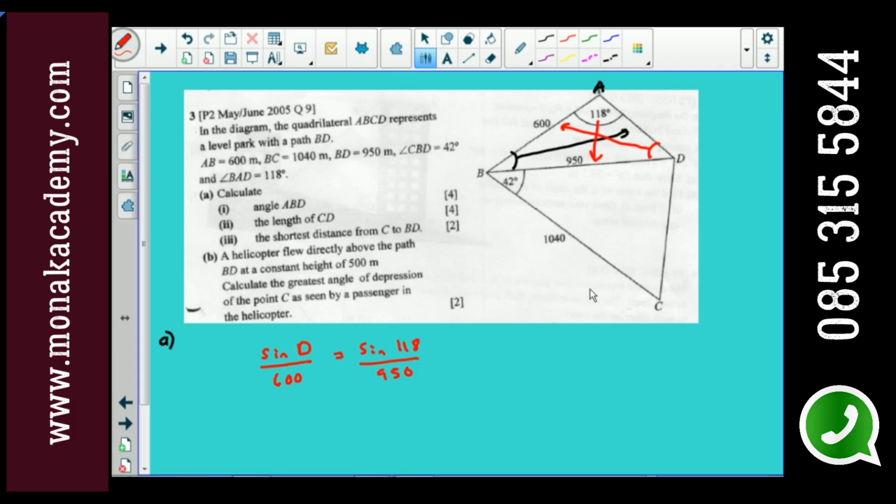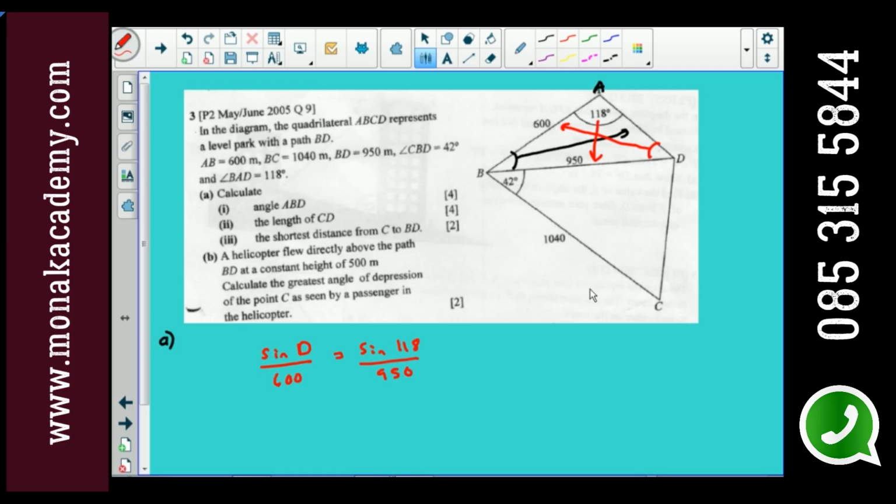Remember, so far we are not calculating the angle that we actually want. We have decided to calculate angle D. With angle D, we don't know the angle itself, but at least we know the side which is opposite to it, which is 600.